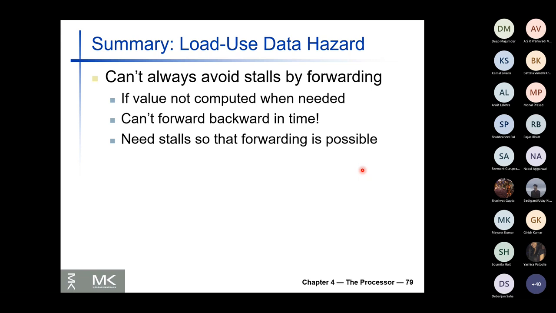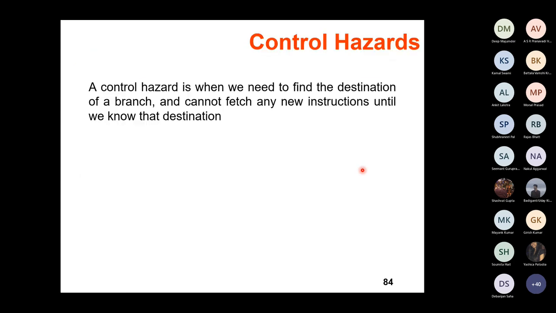And now we'll move on to discussing control hazard. First of all, let us define what control hazard is. In our MIPS pipeline, we have assumed that we have implemented the BEQ, branch equal, instruction, and there are instructions following the branch.